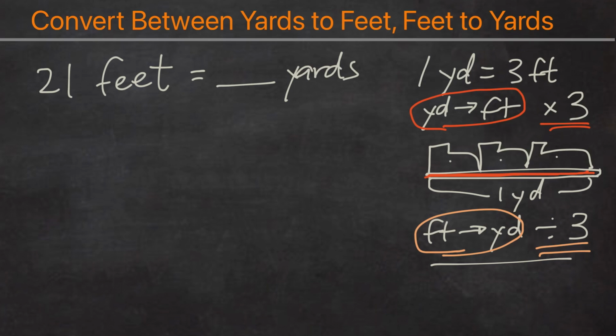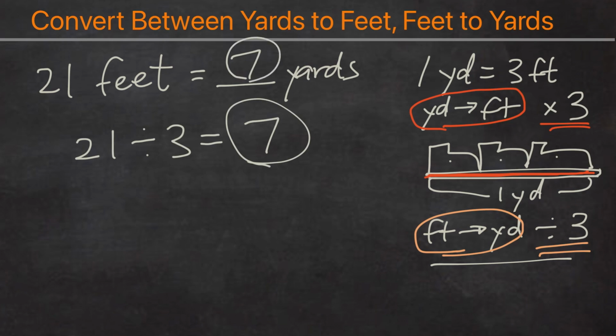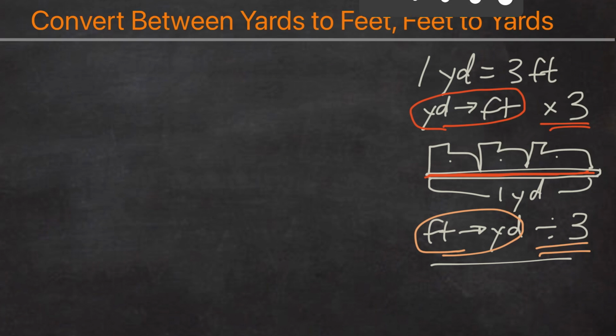And so 21 feet divided by 3 equals, and the answer is 7. So that would be 7 yards. So hopefully by now you can visualize and understand how this works.